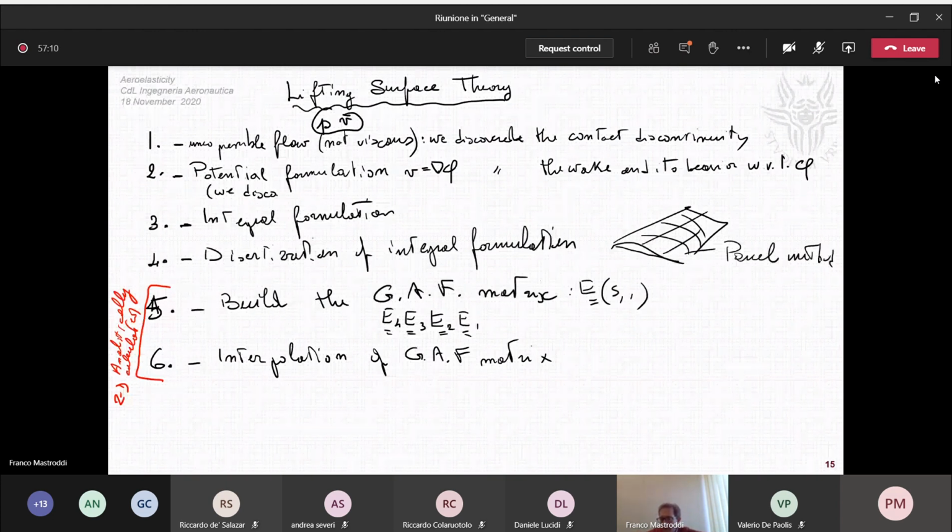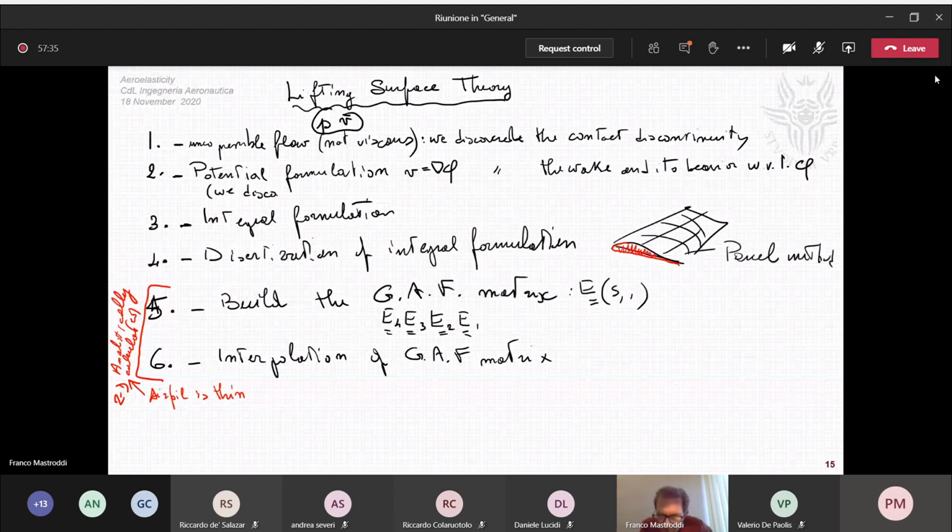Okay, so we have done this up to now for the unsteady aerodynamics. I hope you agree. Now, in this analytic theory, the airfoil is thin. Here we have not thin bodies. We can model also the thickness of the body.